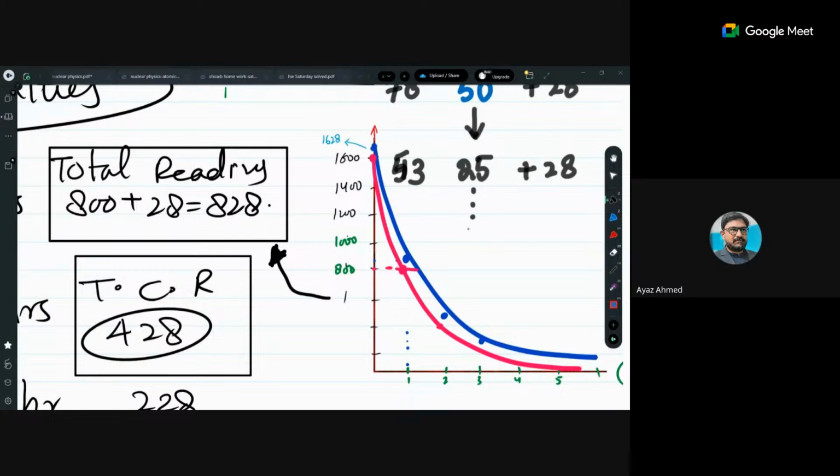When this sample will reduce to 12.5, this will be 28, and your value will be 40.5.